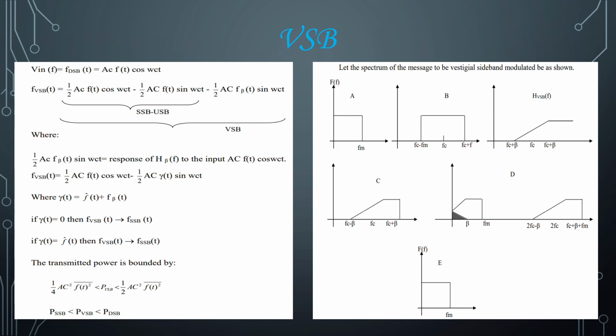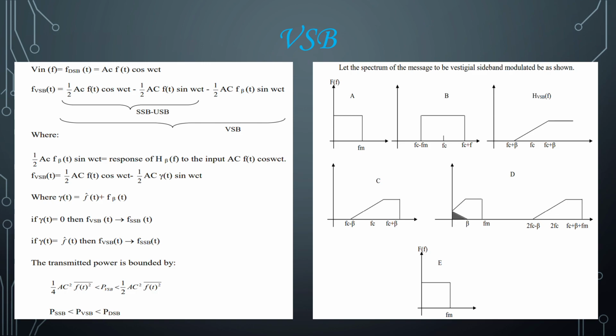f VSB of t equals half A_c f of t cos omega_c t minus half A_c gamma of t sin omega_c t, where gamma of t equals f hat of t plus f beta of t. If gamma of t equals 0, then f VSB of t tends to f DSB of t. If gamma of t equals f hat of t, then f VSB of t tends to f SSB of t.